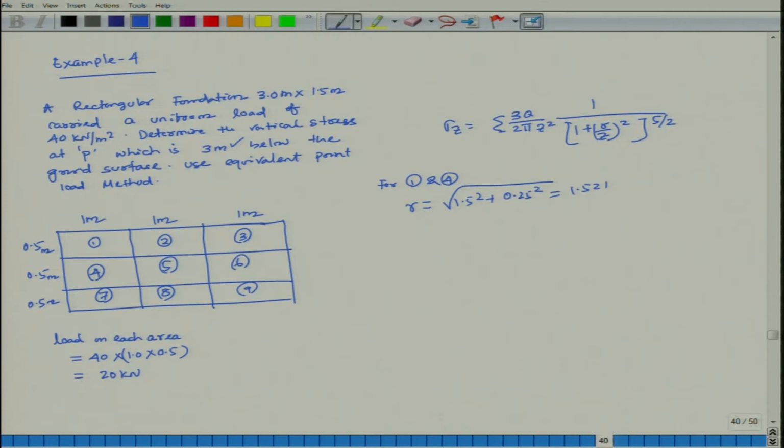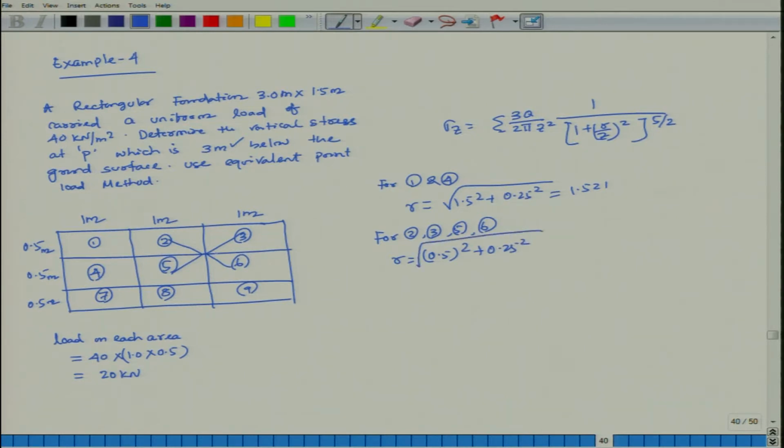And for 2, 3, 5, 6, if you look here at 2, 3, 5, 6, r is equal to root over of 0.5 whole square plus 0.25 whole square.